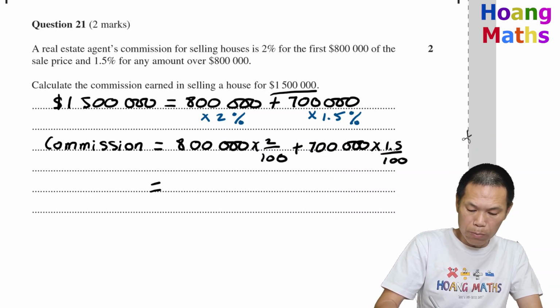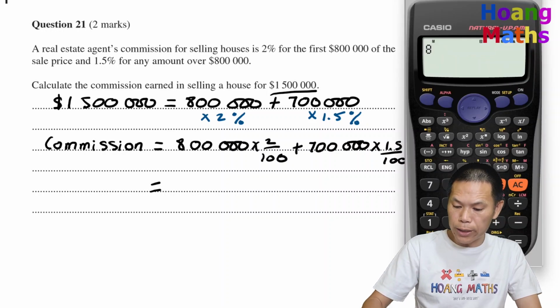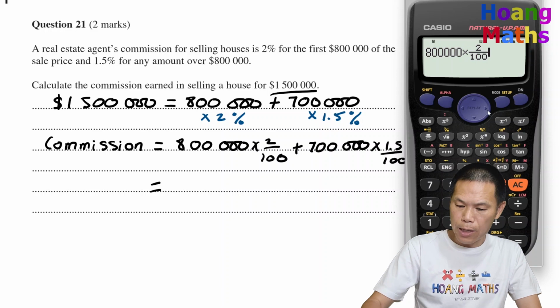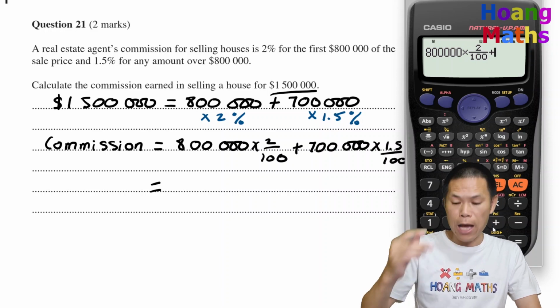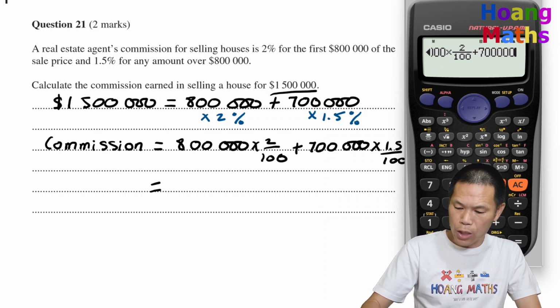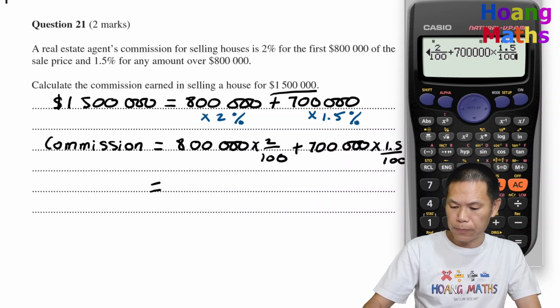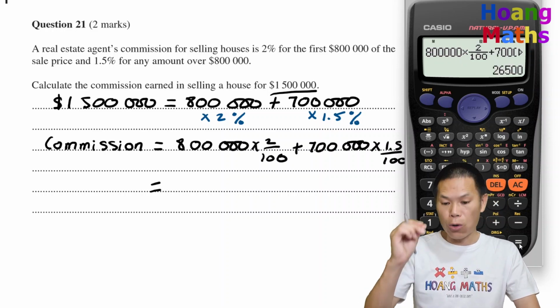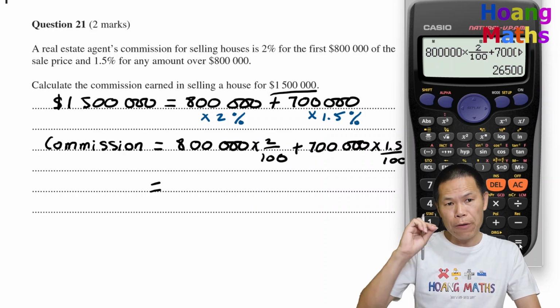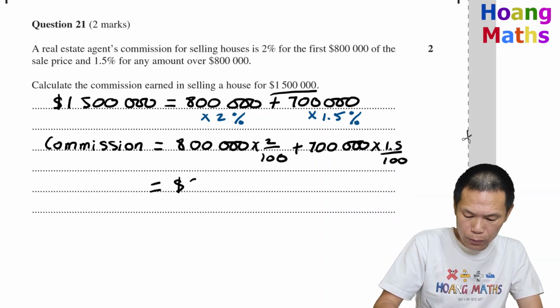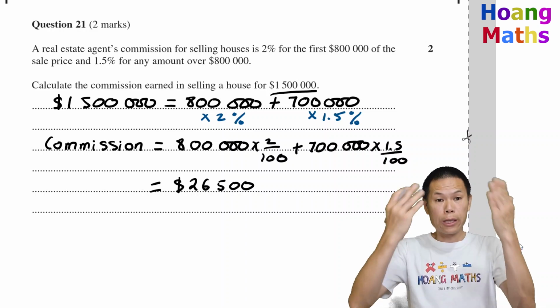So I just go 800,000 times 2%, and we add 700,000 times 1.5%. So there you go, $26,500.